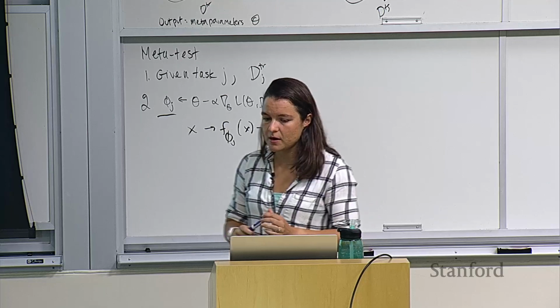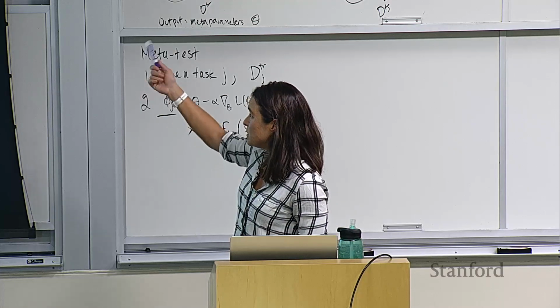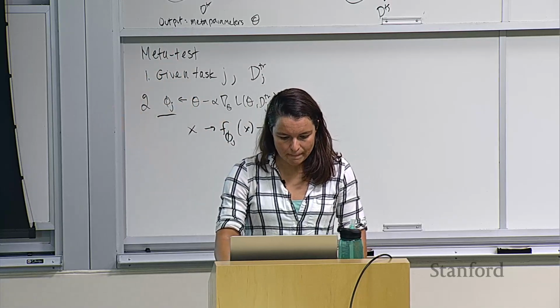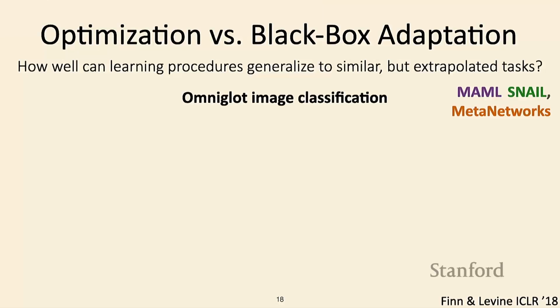We're going to compare an optimization-based algorithm, MAML, with two black box algorithms called SNAIL and meta networks. Specifically, we're going to look at Omniglot image classification, and we're going to look at performance as you vary the task.